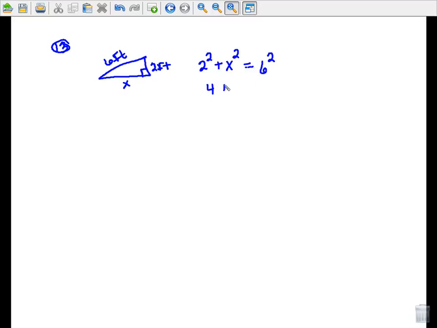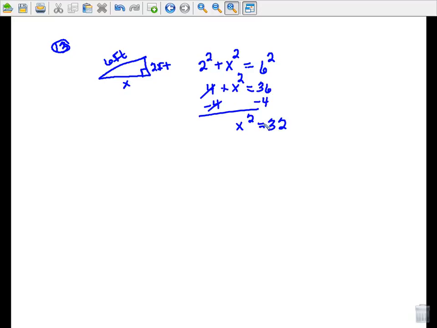So I have 4 plus x squared equals 36. So here I have x squared is equal to 32.